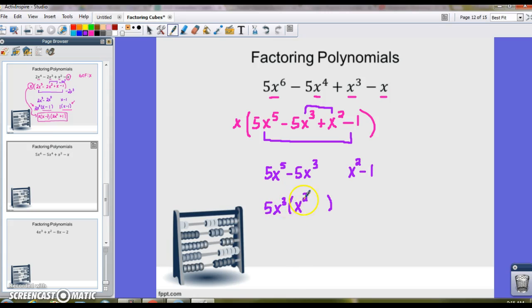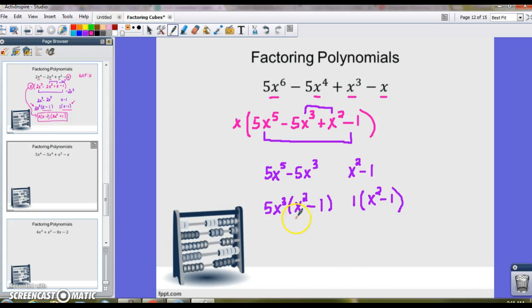Remember, when you multiply things with the same base, you add their exponents. Okay? And then here I have 5x to the 3rd times what gives me negative 5x to the 3rd? Well, that would just be negative 1. If you look over here, I don't have a common factor other than 1, so it would just be 1 times x squared minus 1.